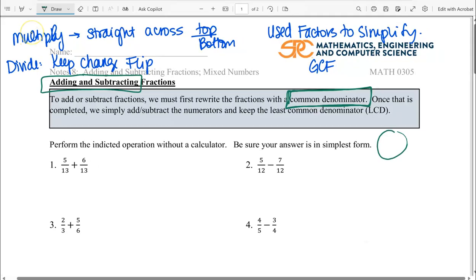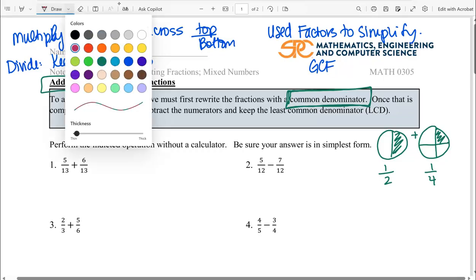So let's say I have half a circle and a quarter of a circle that I want to add up. Well, I can't just say that 1 plus 1 is 2 because they don't have the same size parts.